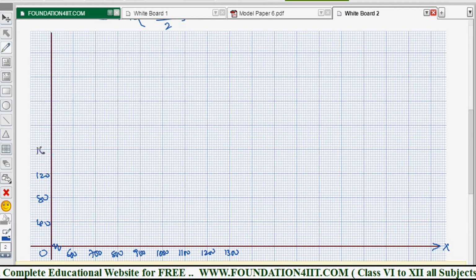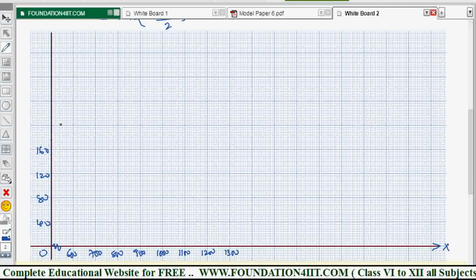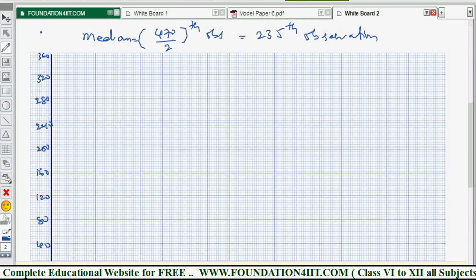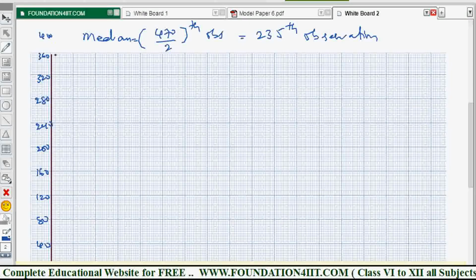120, 160. So 1 centimeter I am taking as 40 units. So 40 employees here. 160, 200, 240, 280, 320, 360 and 400. This is the number of employees.